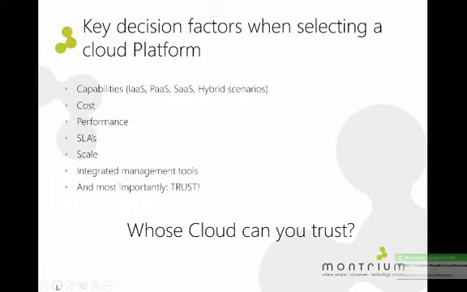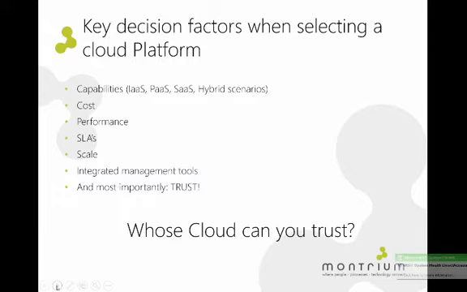And the traditional considerations that people have highlighted would be definitely what the capabilities are to be able to cover all the major cloud scenarios, which is infrastructure as a service, platform as a service, software as a service, and hybrid scenarios. Again, the Azure platform actually is the only platform that covers all of these main scenarios.